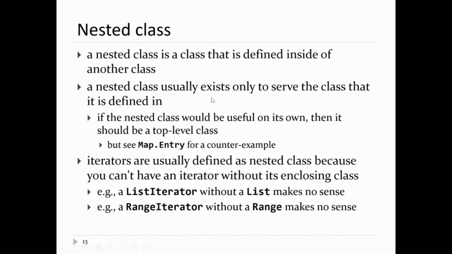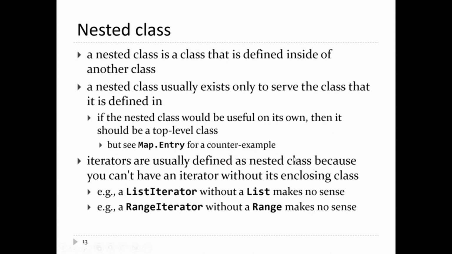Nested classes usually only exist to serve the class that they are defined in, usually but not always. If you create a nested class and you realize, hey, this would actually be useful to somebody else, then you should probably make it a top-level class. However, the standard library actually breaks this rule, and it defines this class called entry for maps. And remember, in a map, an entry is just the row of the map. So there's a counterexample right there.